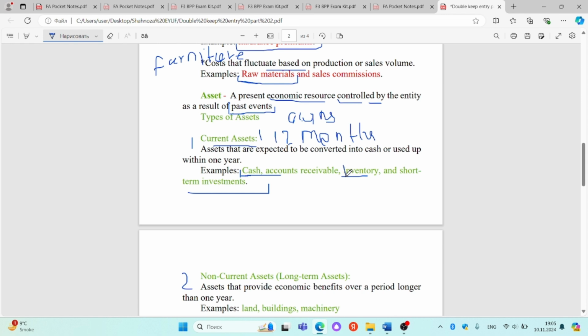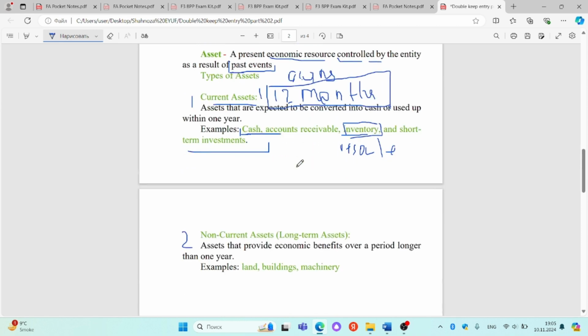Or inventory, we aim to sell an inventory in 1 year. Inventory, which basically means things that we buy for resale, it is called inventory. Or short-term investments, we may invest to the company only for 1 year, and the length shouldn't exceed 12 months, and we can call it current assets.